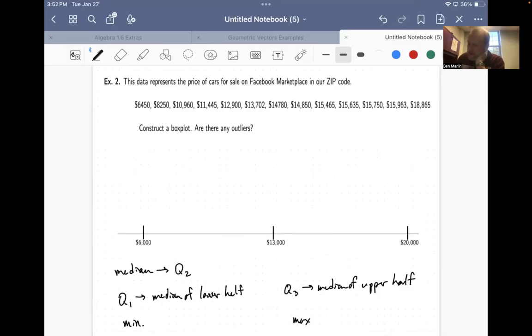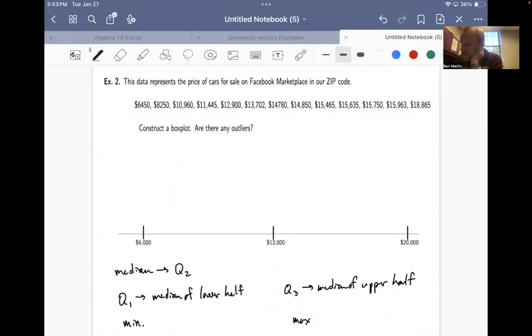So first thing we're going to have to do is to sort our data. Oh goodness, look, some kind soul sorted our data for us. Wasn't he nice? Okay, then we have to count it. 1, 2, 3, 4, 5, 6, 7, 8, 9, 10, 11, 12, 13. So there's 13 data points.